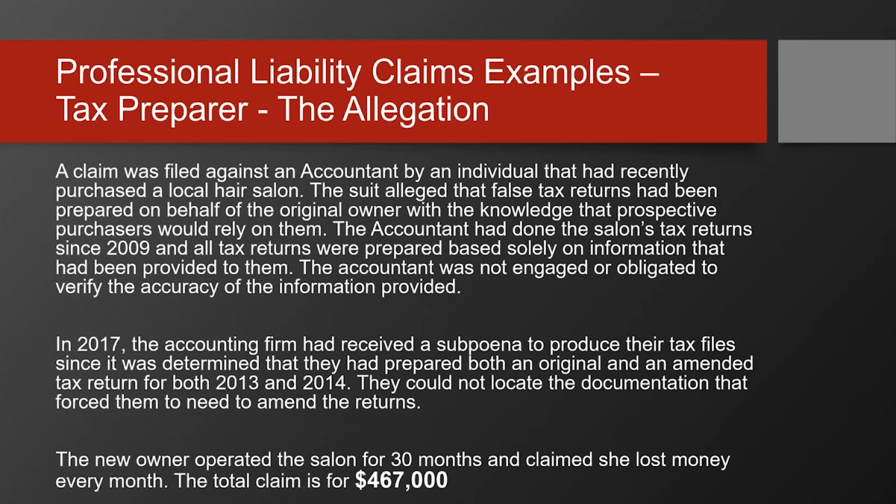The new owners were relying on that information for how profitable they thought they would be. Along the way, when they were doing the taxes for the salon, they made some changes, and they really just relied on the word of the salon. They didn't have any documentation.